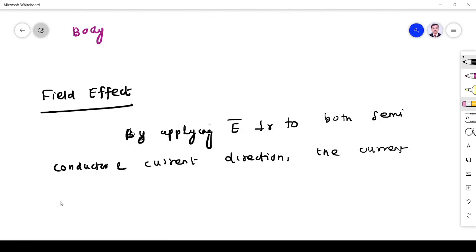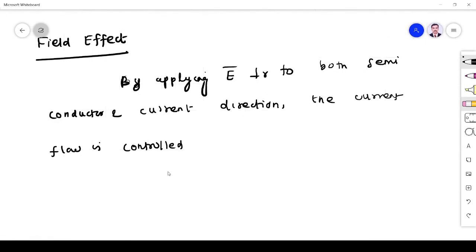Current flow is controlled in MOSFET. So here we are using the electric field to control the current. The electric field is applied perpendicular to both the semiconductor body and the current direction.